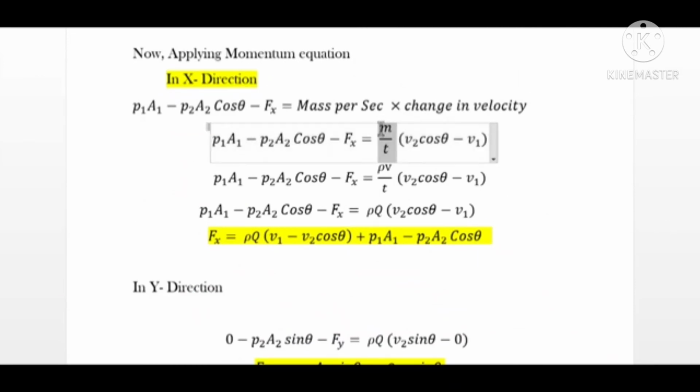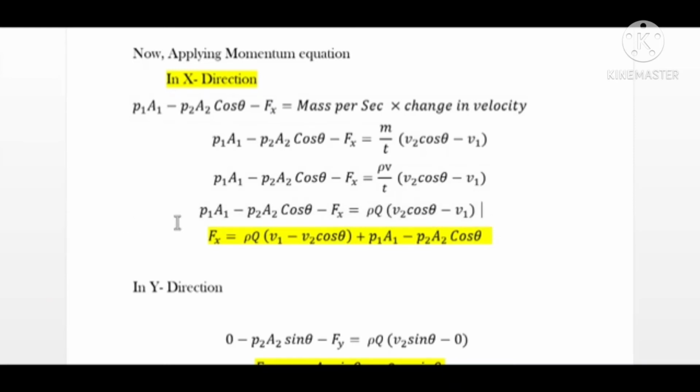We know that the mass of the fluid system is given by the density of the fluid multiplied by the volume of that system. So we can write m as rho V divided by t. Now this volume per unit time is nothing but discharge. So we can write mass per second as density of fluid multiplied by discharge.